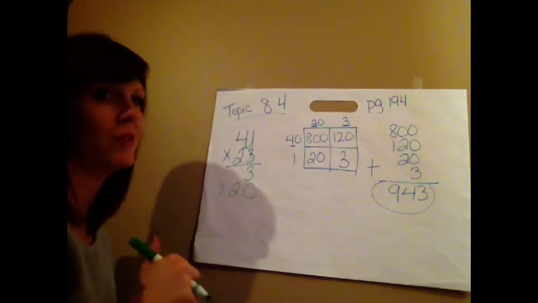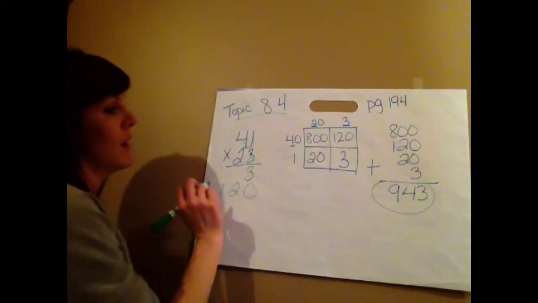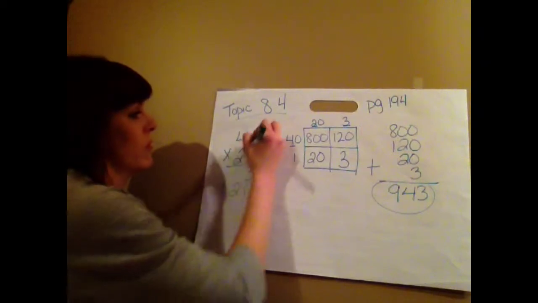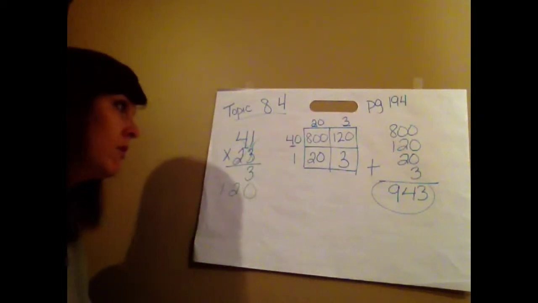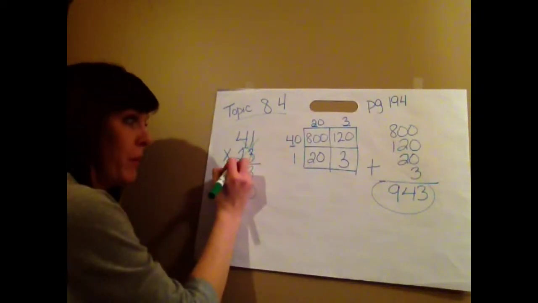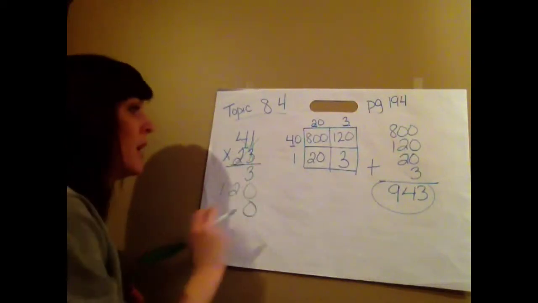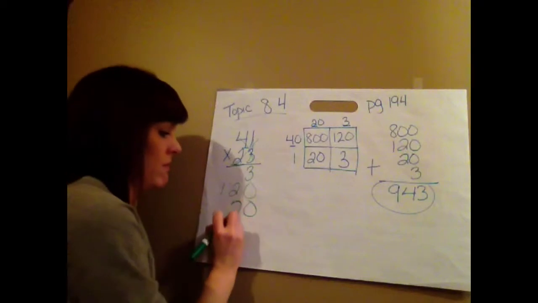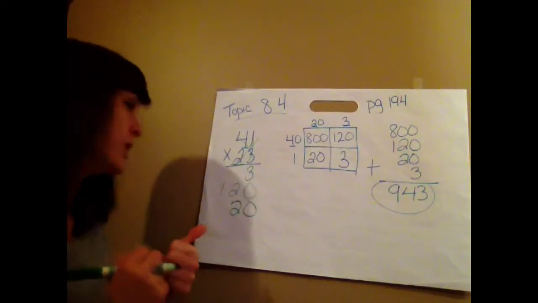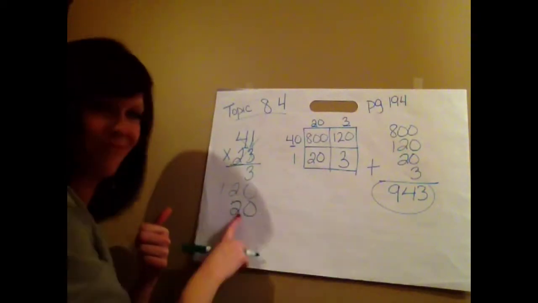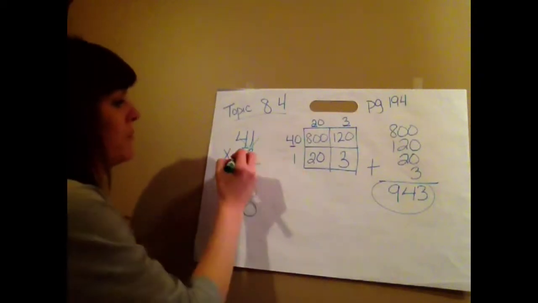So things are starting to match up. Okay, now I'm going to move over to the 2. 2 times 1 is 2. But remember, that's in the tens place. So I have to have a 0 here. Going back, 2 times 1 is 2. Good. 20, 20. All right.